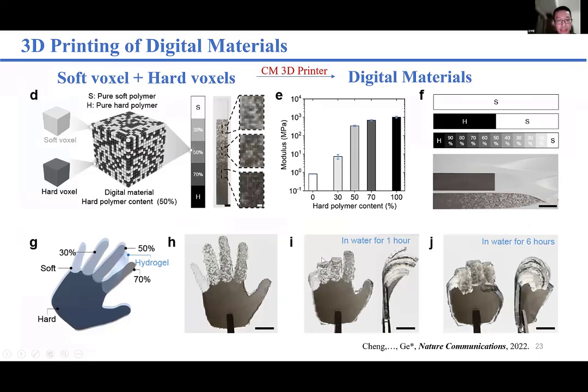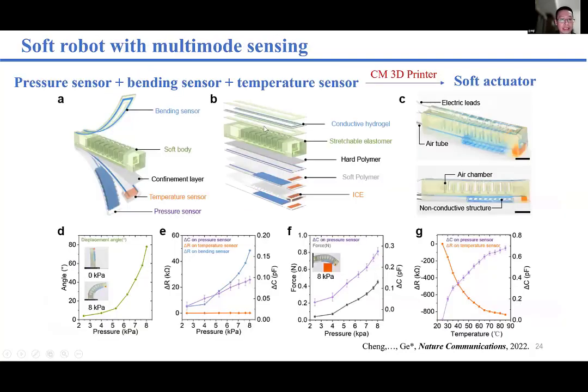Here is one example. This is a pure soft material, this is a pure hard material, and you see that if we have a layer of hydrogel, because the stiffness is different, the bending is different.